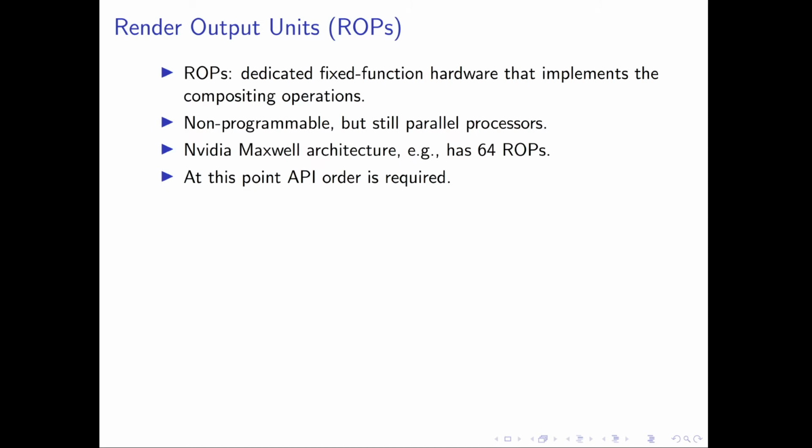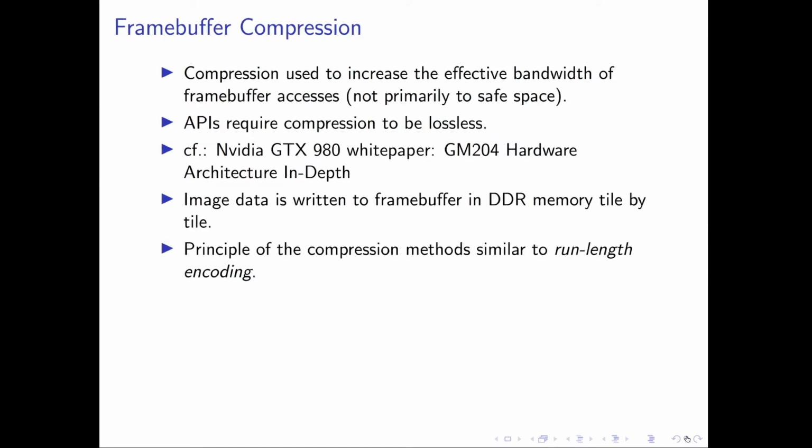At this point where the ROPs start operating, API order is really required, where we have to make sure that the fragments that are now turned into pixels are passed to the ROPs in API order.